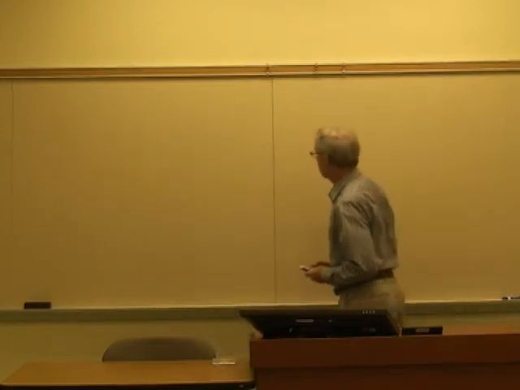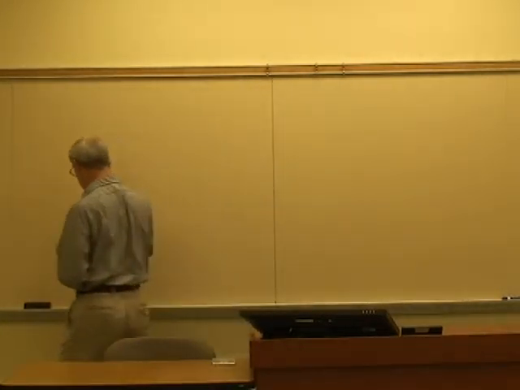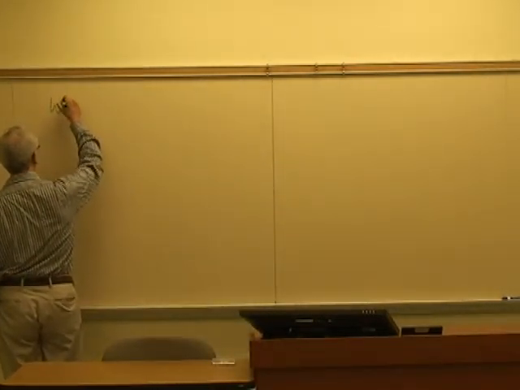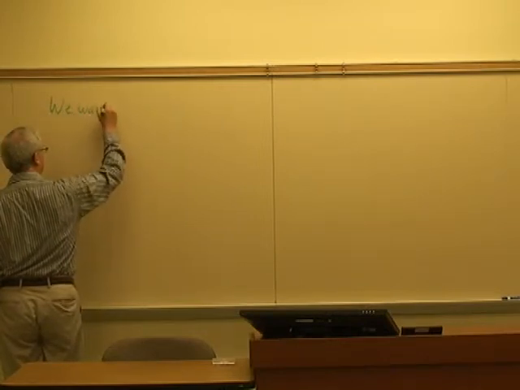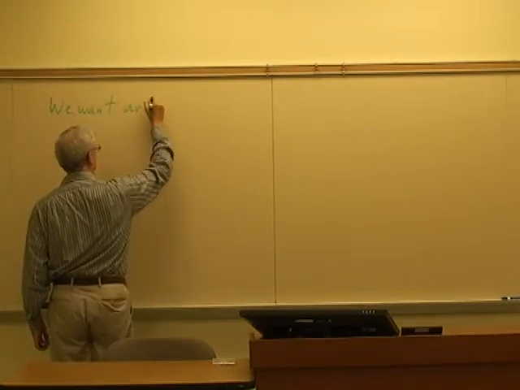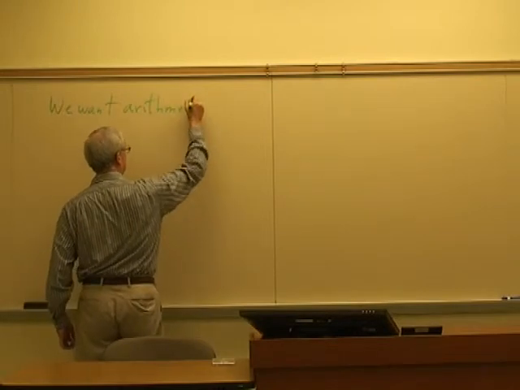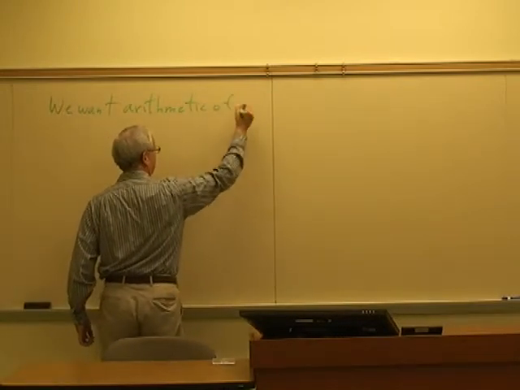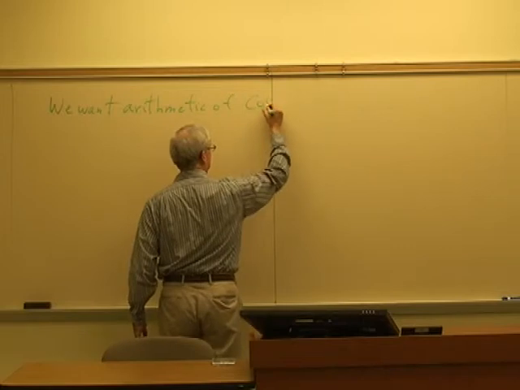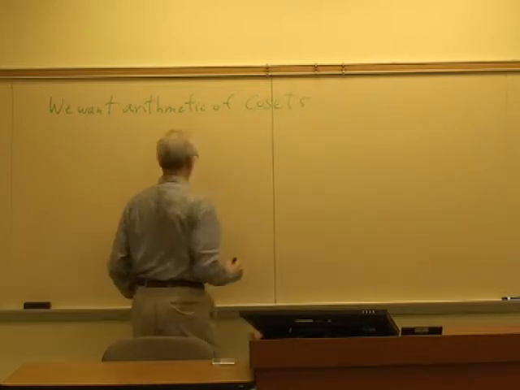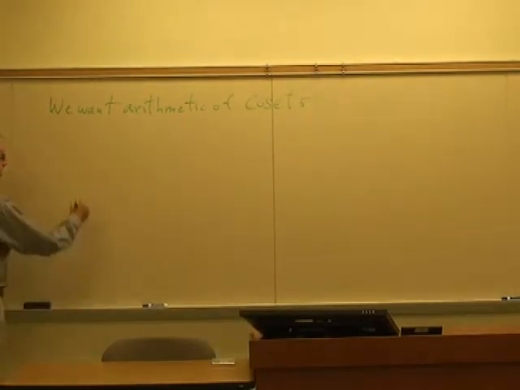Get some more color to see how the markers behave today. We want to be able to do arithmetic on our cosets as follows.